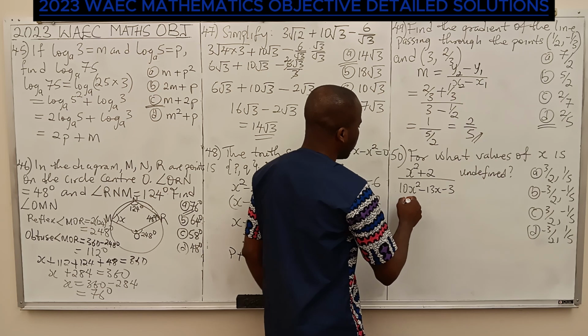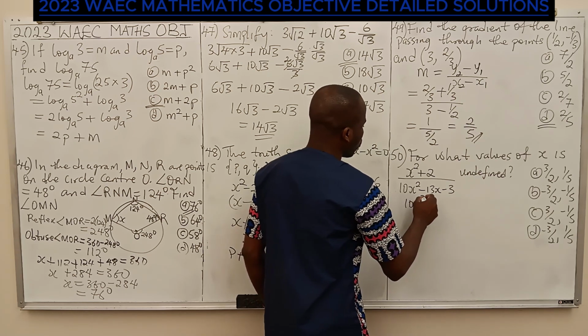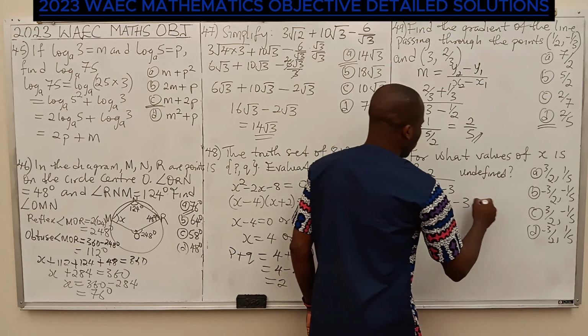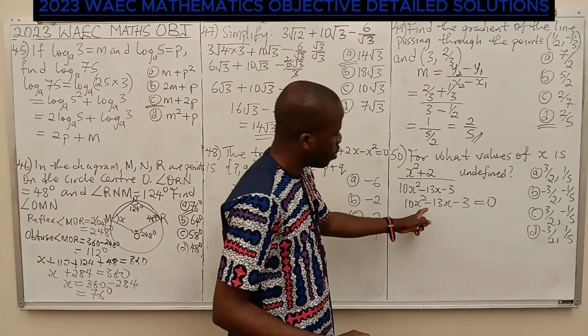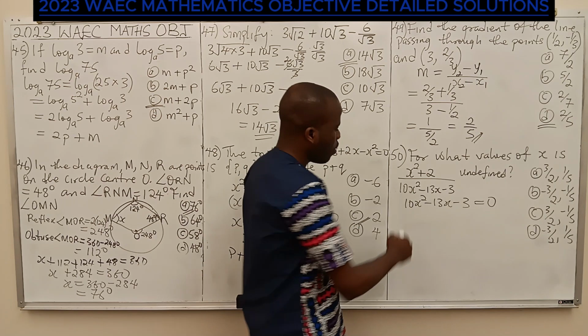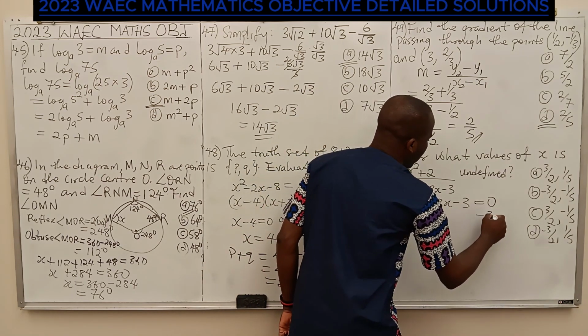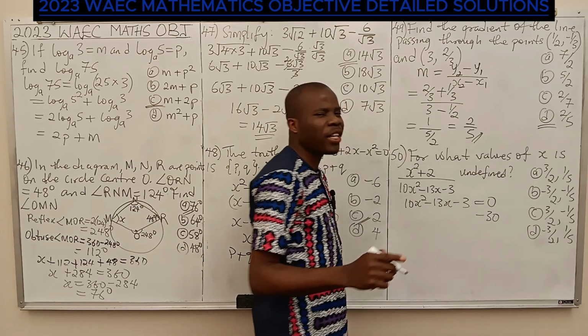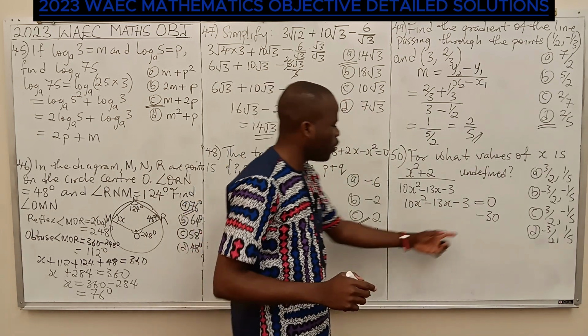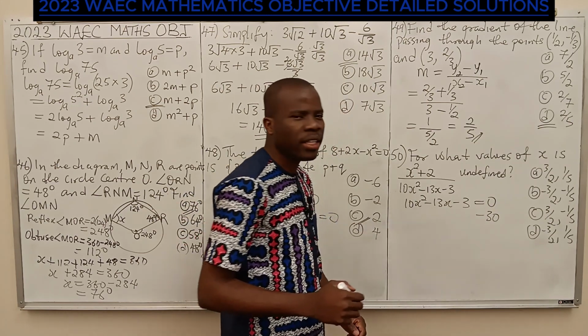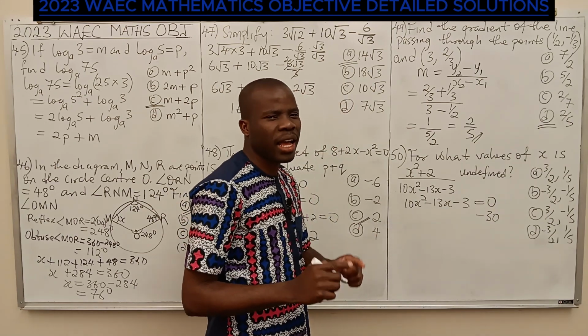We factorize: 10x squared minus 13x minus 3 equals 0. We look for two numbers. First of all, 10 times minus 3 is minus 30. Two numbers that multiply to give minus 30 and add to get minus 13 are minus 15 and plus 2.